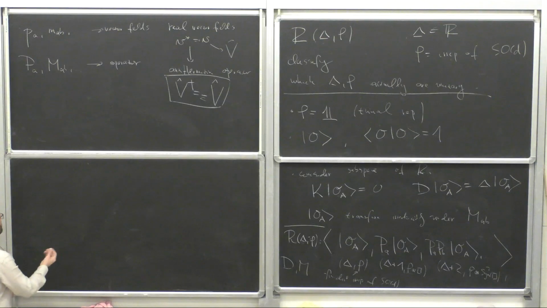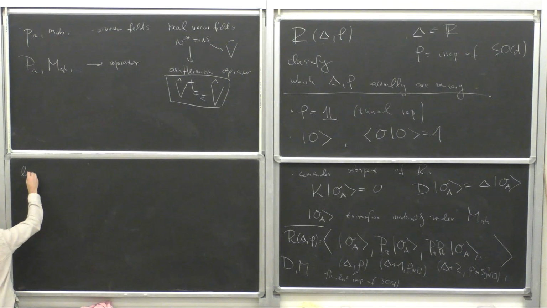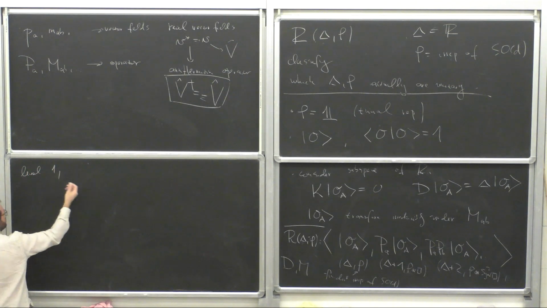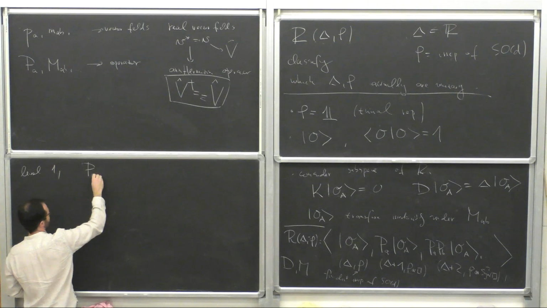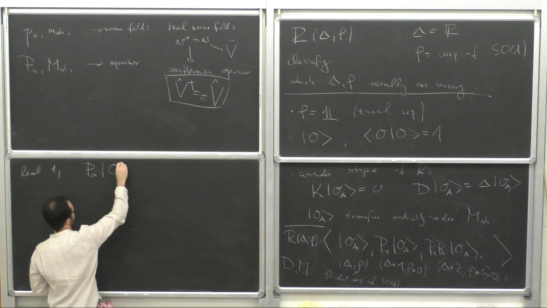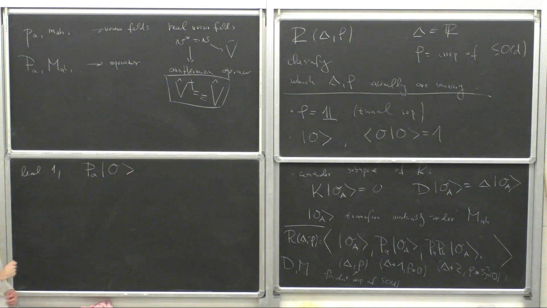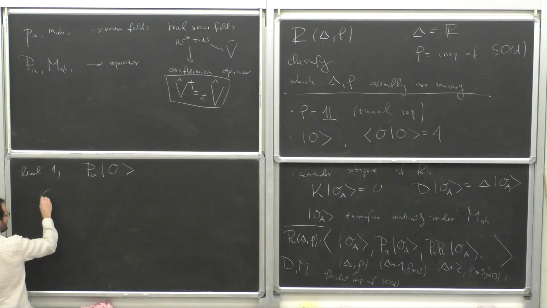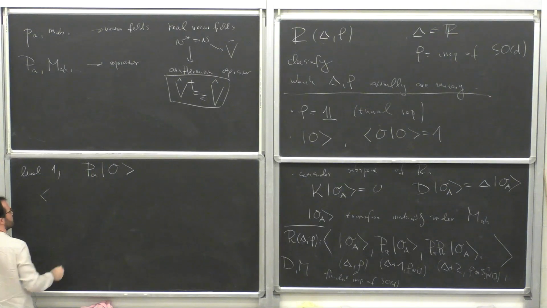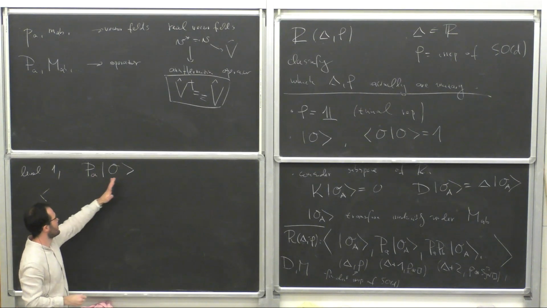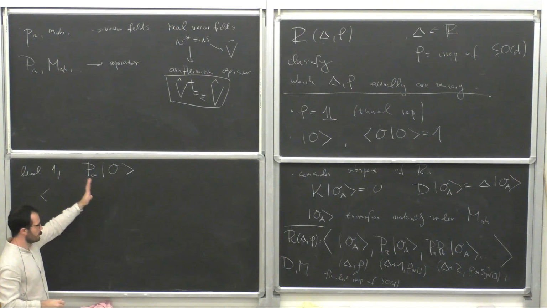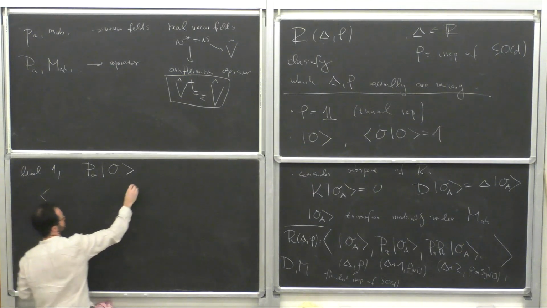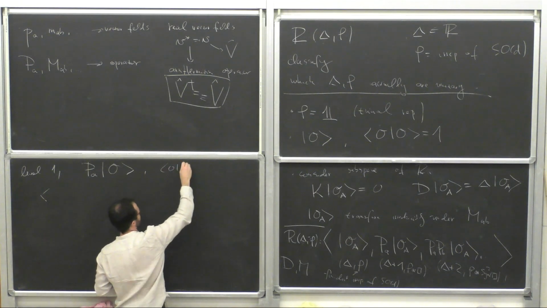Okay, and now let's go to level 1, where we have a bunch of states which are obtained by acting with the P on O. And we want to know their inner product. So first of all, these states are orthogonal to the lowest weight state because this thing vanishes.